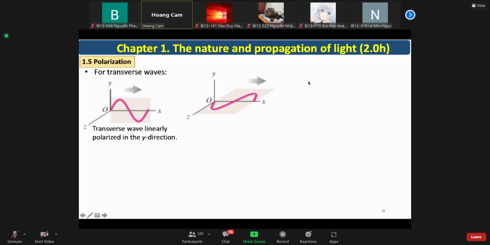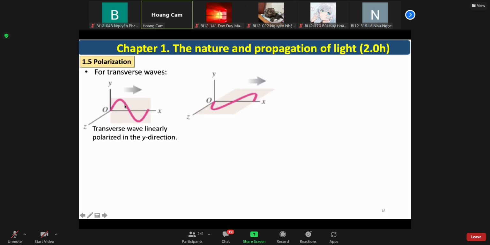So in this case, we will call this a transverse wave linearly polarized in the Y direction. Here, we got the transverse because the direction of the oscillation, Y, is perpendicular to the direction of the propagation of the wave, X. So that's why we got the transverse.